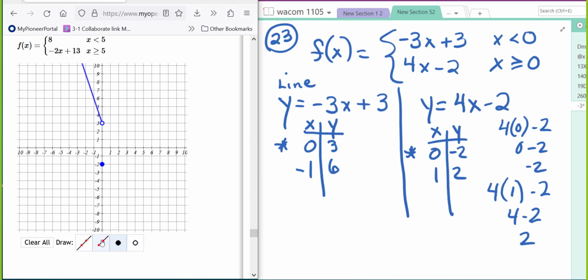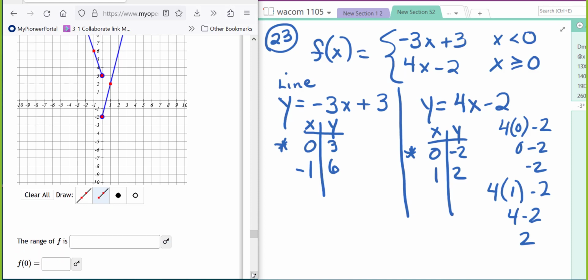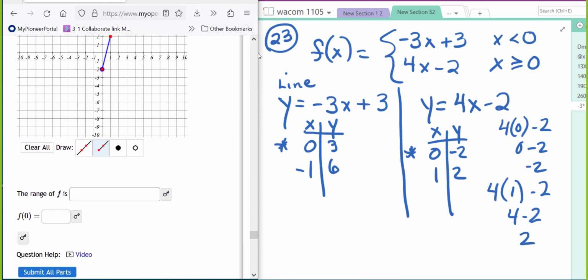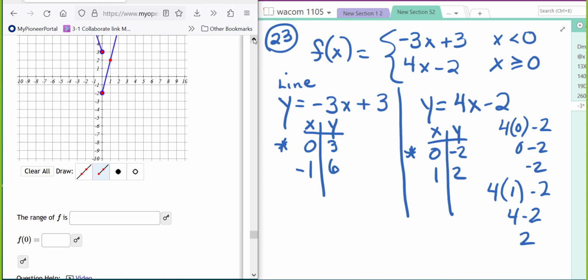And then I'm going to click the ray tool. Then I have to click this point again because that's where I'm starting. And then I want the point 1, 2. Now, let's see if it will check that much. It's going to make me work before it checks that much. All right, because we're going to check this one.